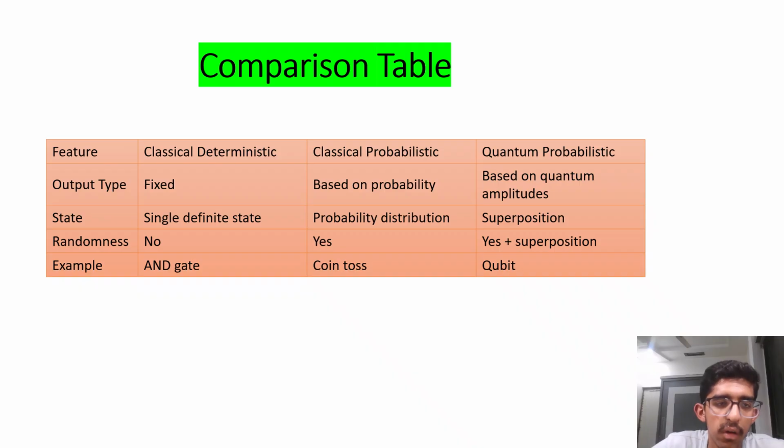Let's compare the classical deterministic, classical probabilistic, and quantum probabilistic systems.